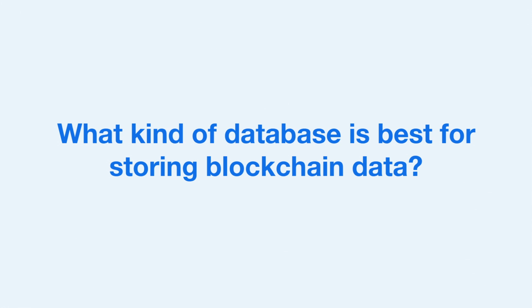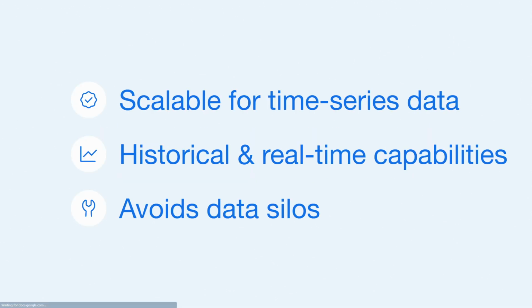All right, now with that said, what kind of database is best for storing blockchain data? Based on the previous examples, because blockchain data is time series data, you need a database that is scalable for time series data.